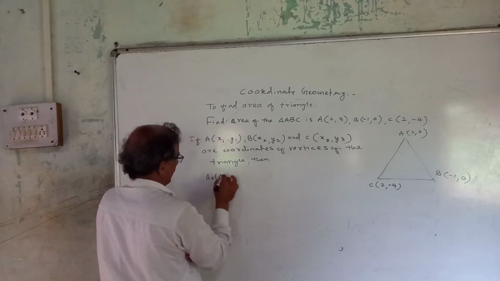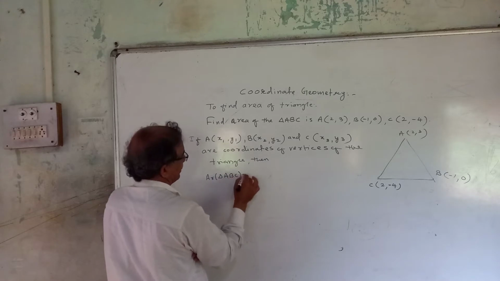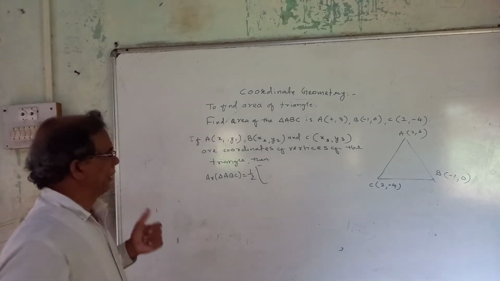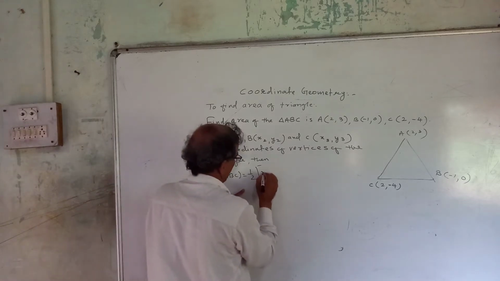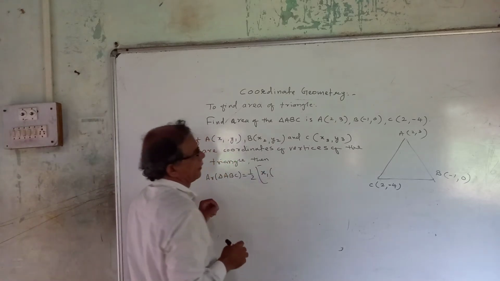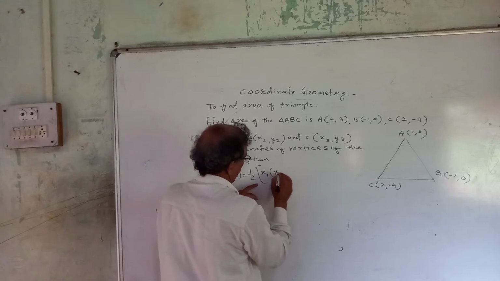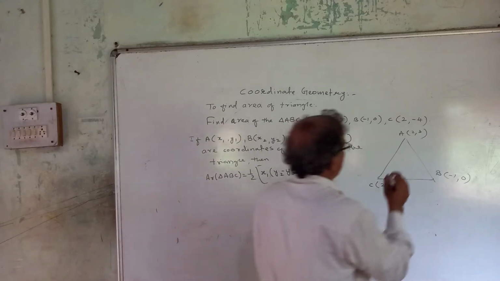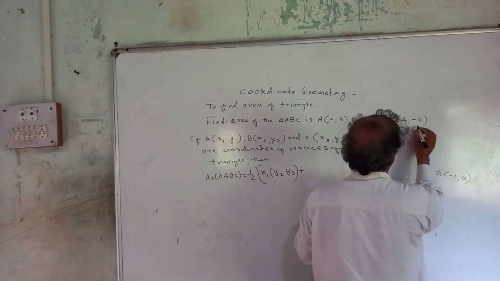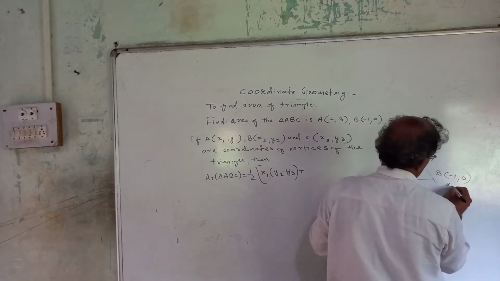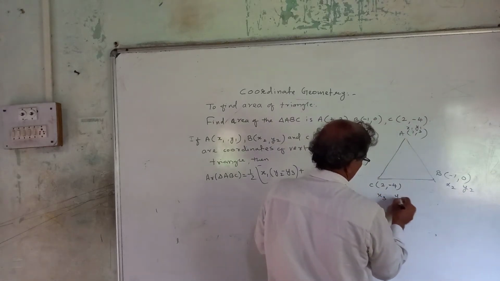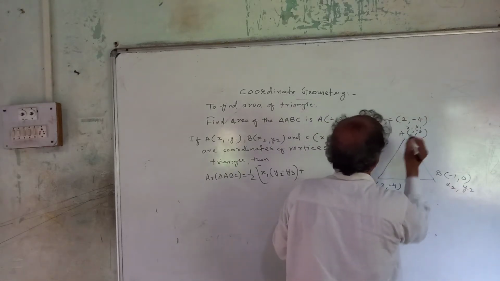area of triangle ABC is equal to half into, now this is the formula, half into x1 into (y2 minus y3). Now suppose this is x1 y1, this is x2 y2, and this is x3 y3, isn't it?